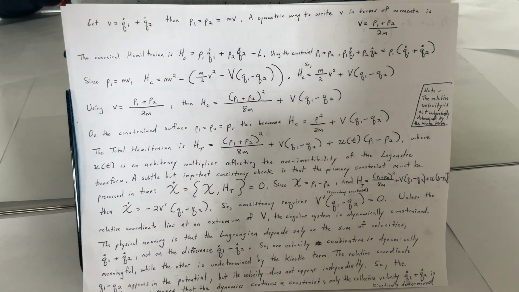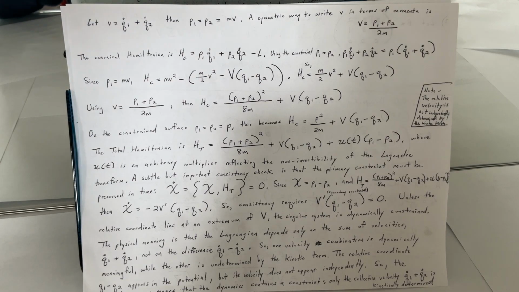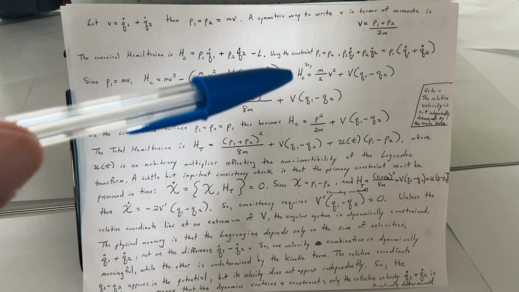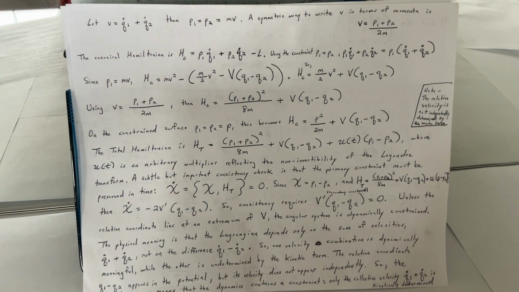Since p1 equals mv, H_c equals mv squared minus the quantity m over 2 v squared minus V times the quantity q1 minus q2. So H_c equals m over 2 v squared plus V times the quantity q1 minus q2.